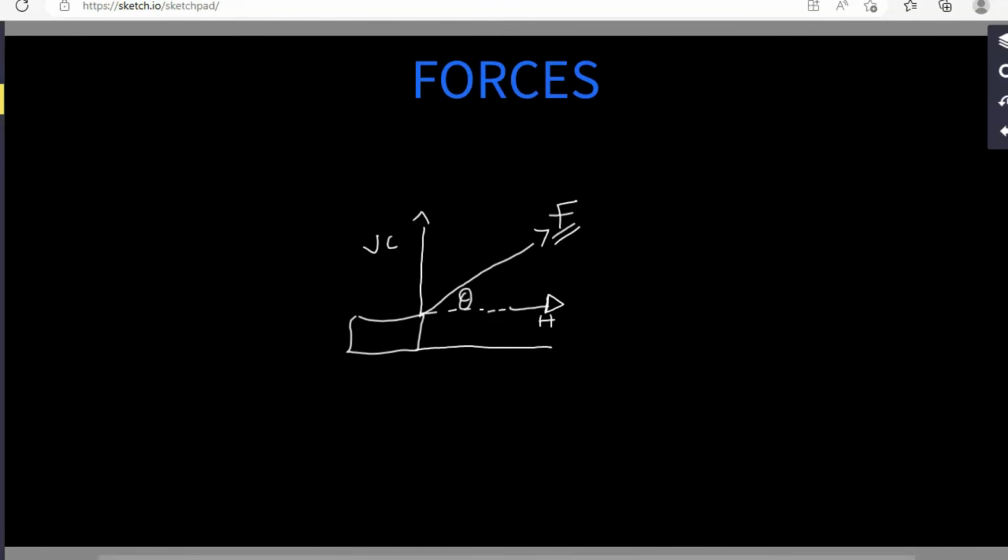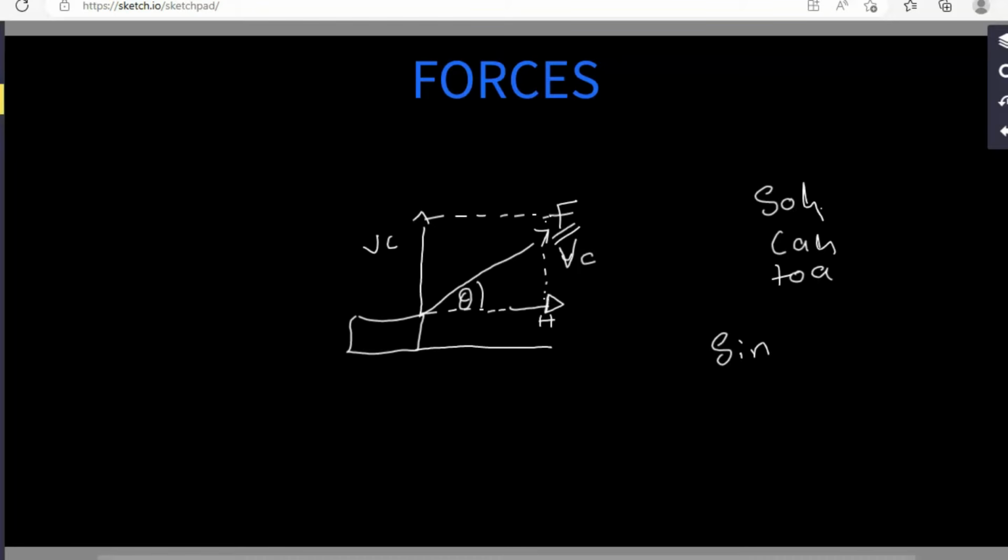To get the values of those components, we are going to use trig ratios. Again, complete the parallelogram. This is equal to this. From here, we can use trig ratios: SOH CAH TOA. Let's use sine.